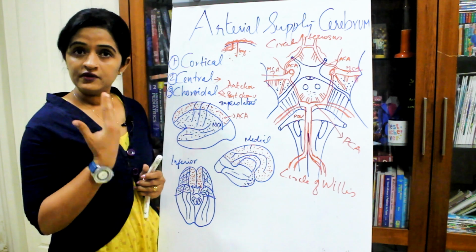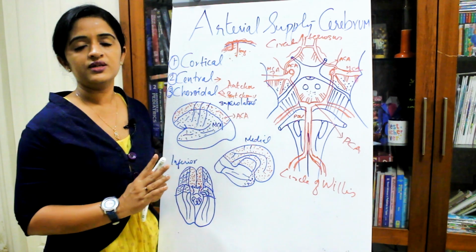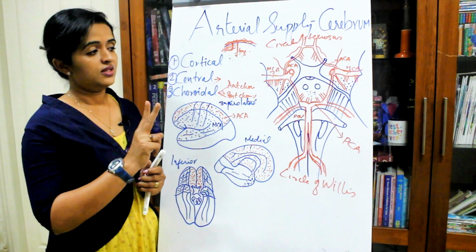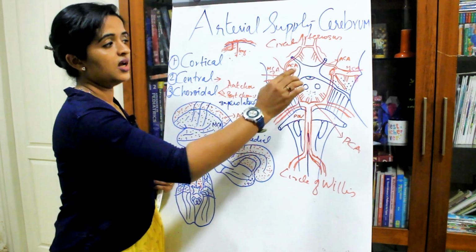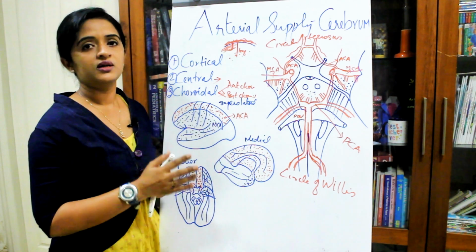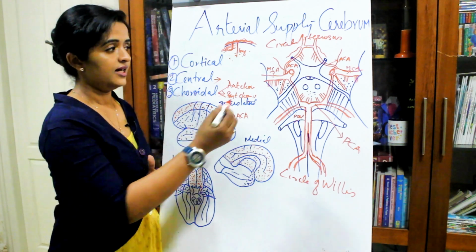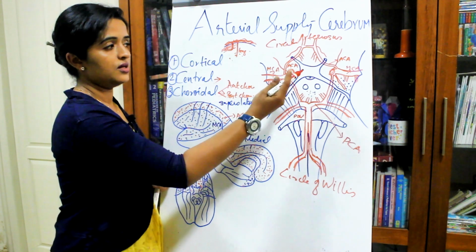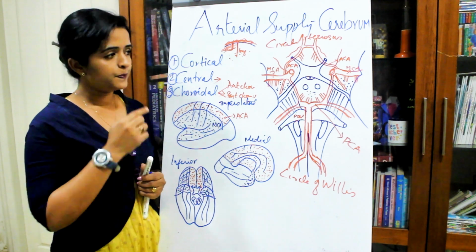Even though there are three cerebral arteries, when we discuss the circle of Willis, only the posterior cerebral artery and the anterior cerebral artery participate in the anastomotic network of the circle of Willis. The middle cerebral artery is out of the circle of Willis.